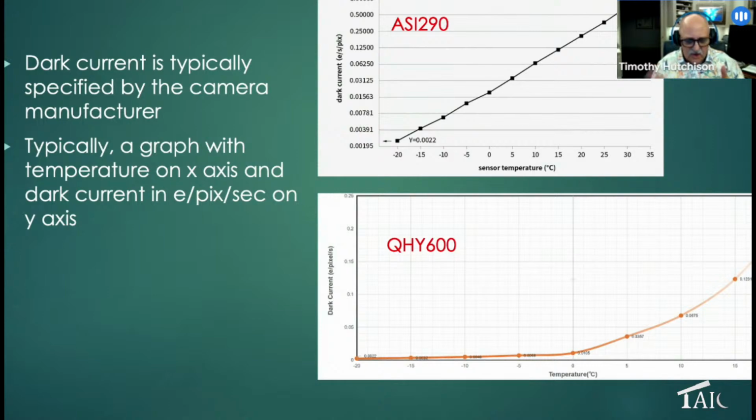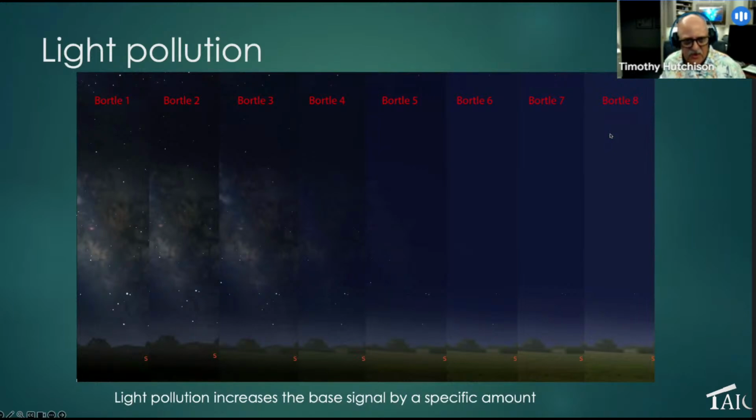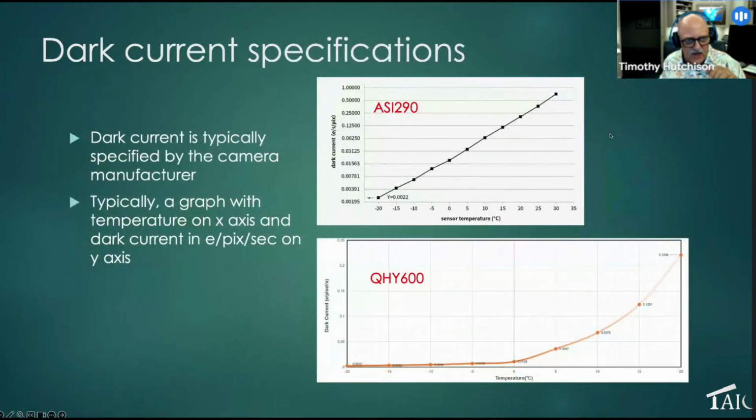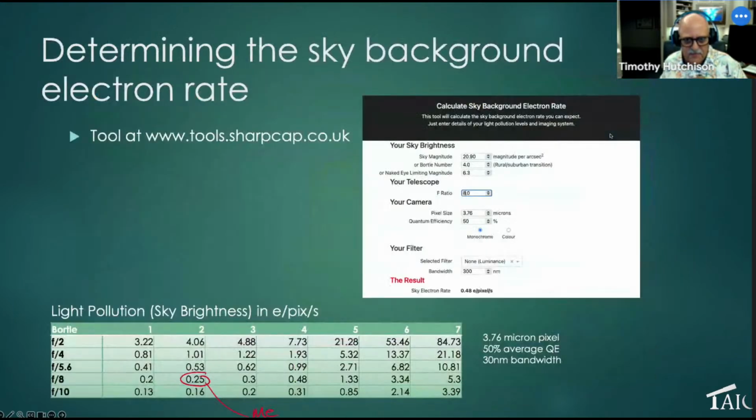That the dark current is going to elevate our base signal because we have a certain number of electrons that are being added into every pixel for every frame that we take. So there's a real interesting little correlation here between dark current and light pollution or sky brightness that we can see.